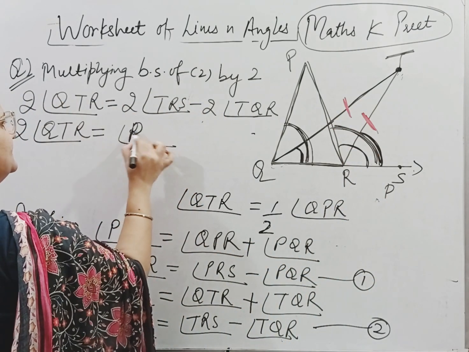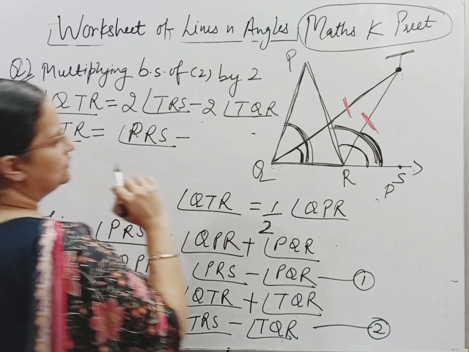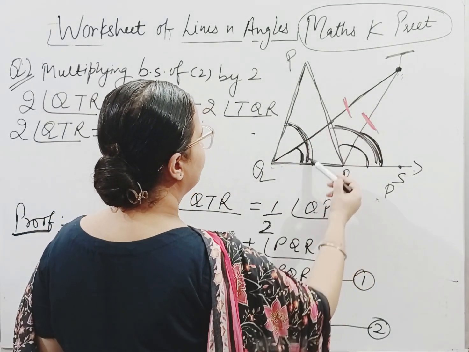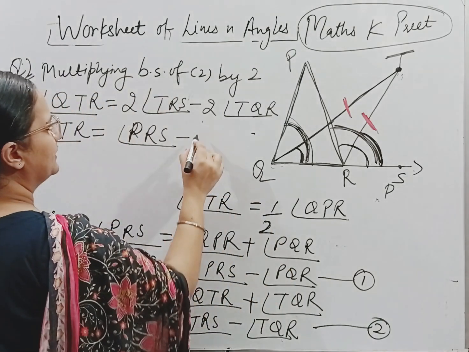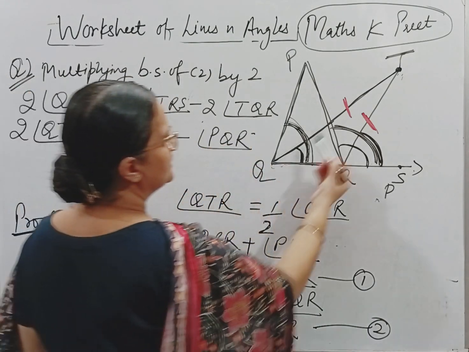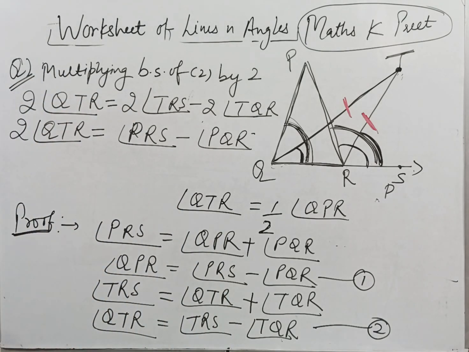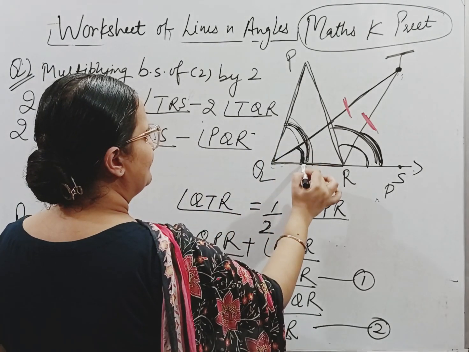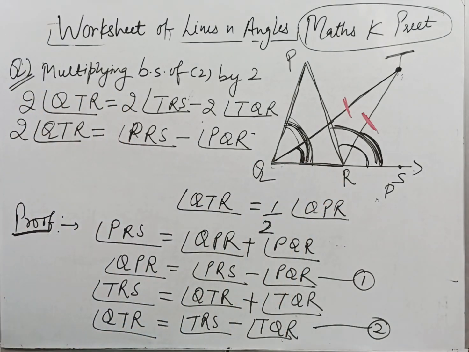So I can write this as PRS minus 2 times TQR. 2 times of this angle is what? PQR. Why? Because QT is the angle bisector as given in the question. So these two measurements are equal. So 2 times of this is this complete angle PQR.